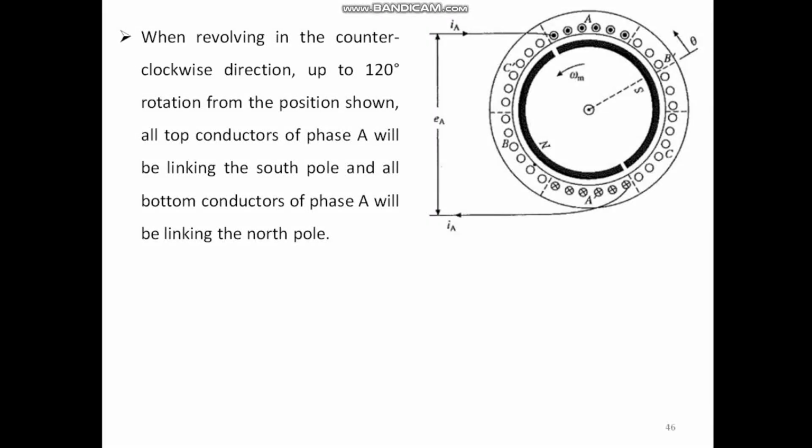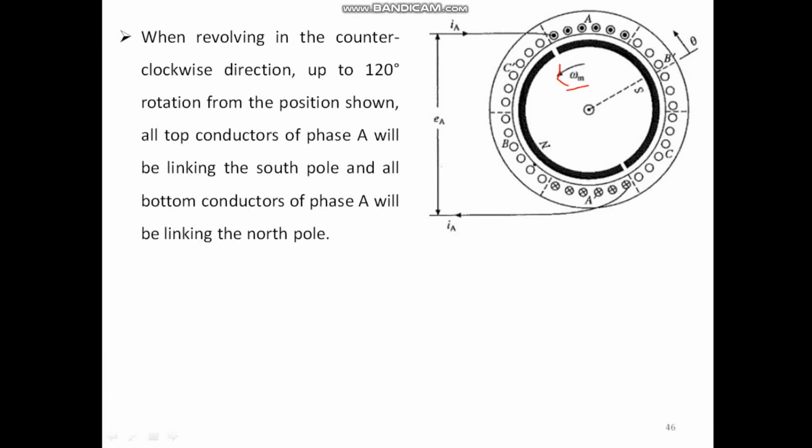When revolving in the counterclockwise direction, this omega m's direction, which I have shown, is counterclockwise. Up to 120 degrees of rotation, the top conductors of phase A will be linking with the south pole, and the bottom conductors of phase A will be linking with the north pole.